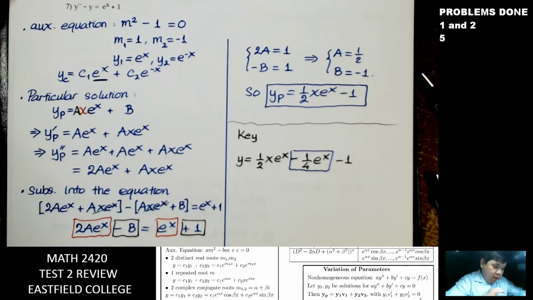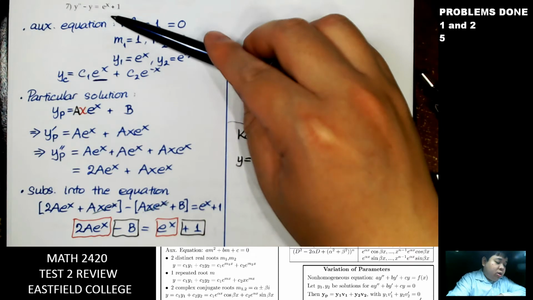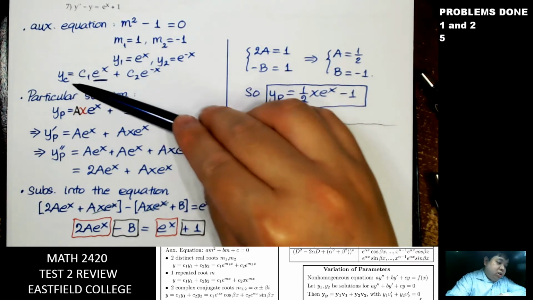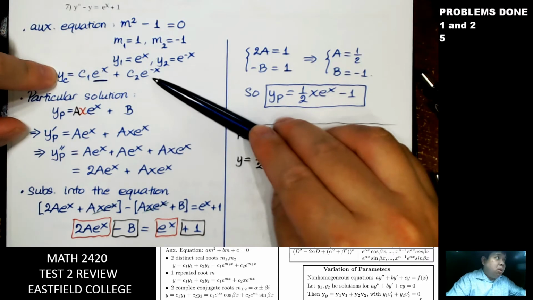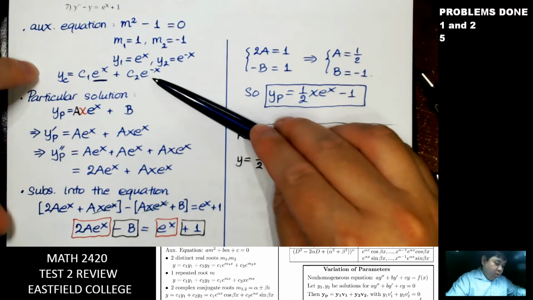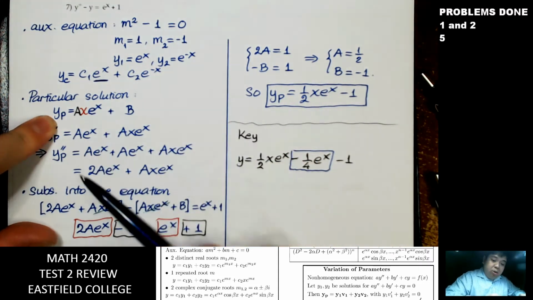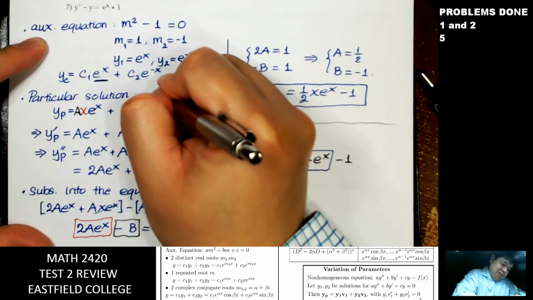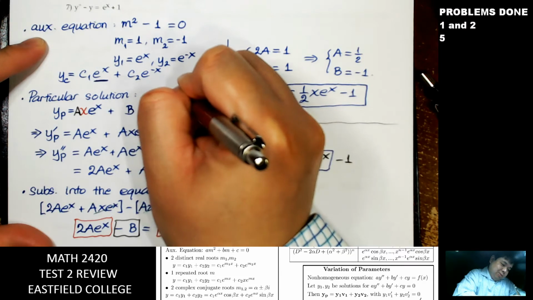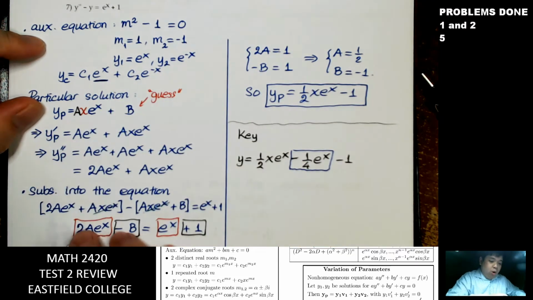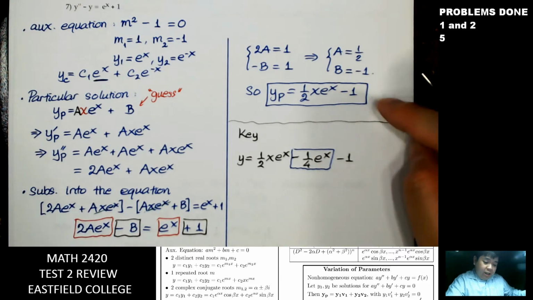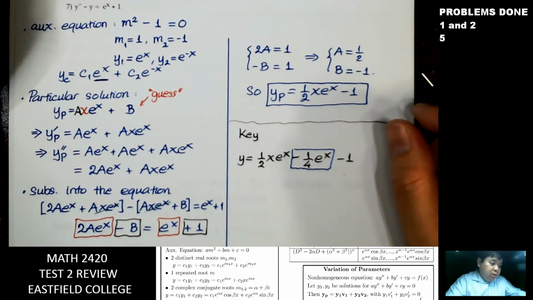Right. So once again, we have to work with the homogeneous equation or the auxiliary equation, and find a complementary solution. We will guess, this is pretty much a guess. And then we solve for the coefficients or undetermined coefficients, and then we have the particular solution.